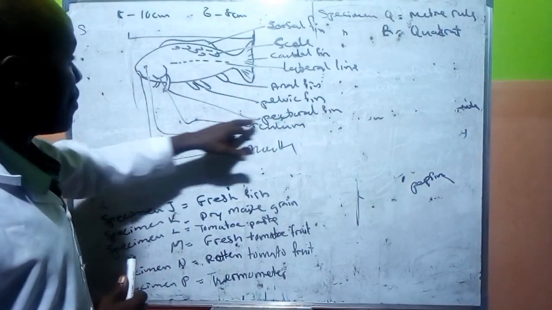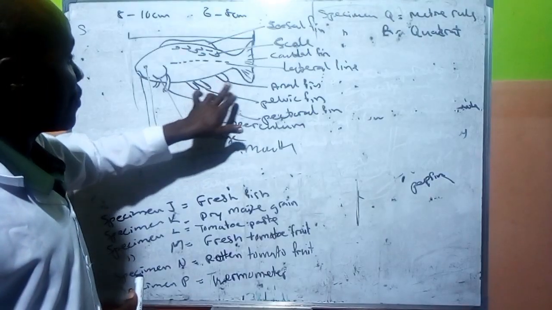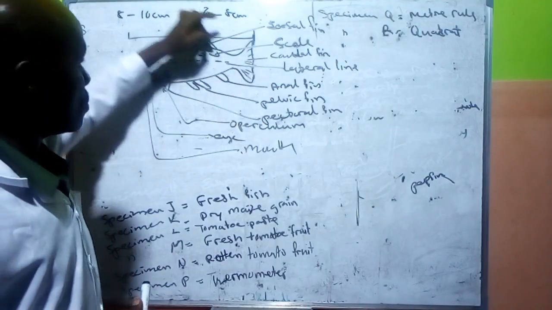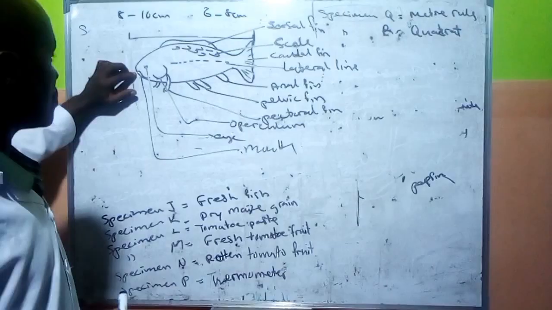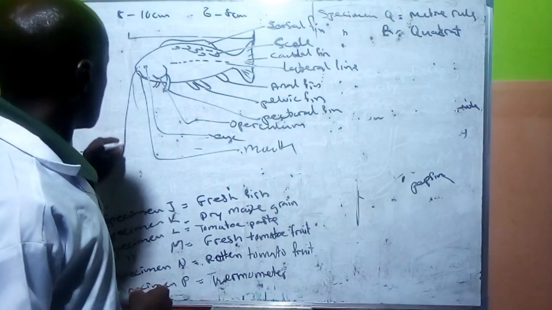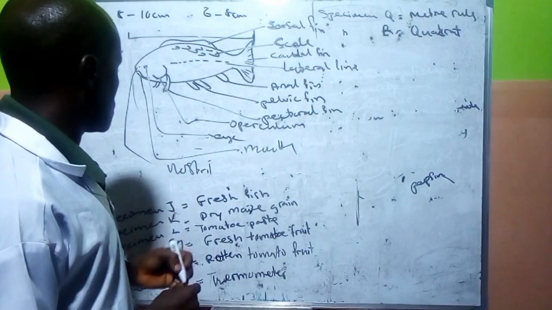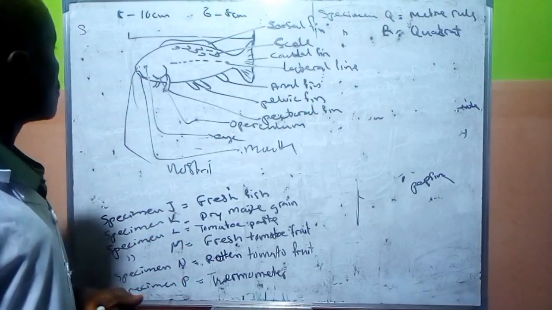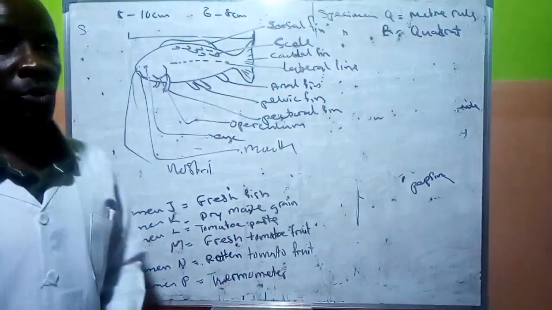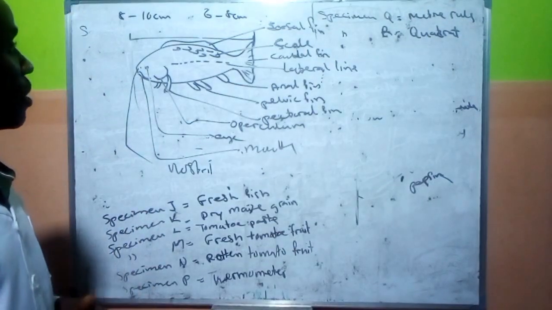Now we have the pectoral fin, the pelvic fin, the anal fin, caudal fin, and dorsal fin. Now we have the mouth. We also have the nostril. So these are some of the things I think we should be conversant with.